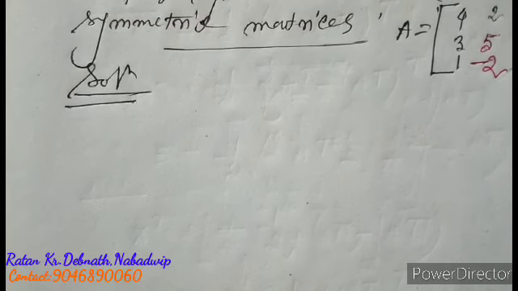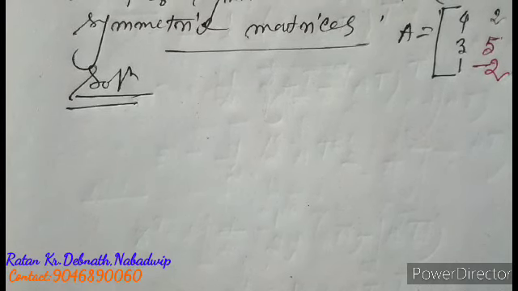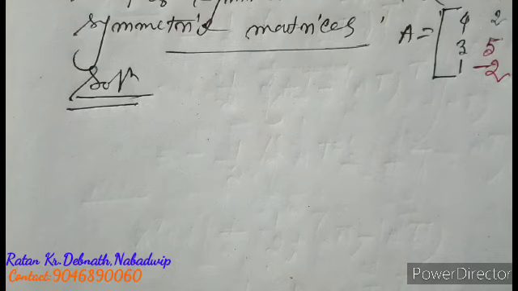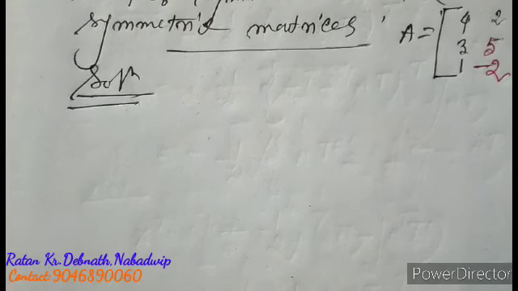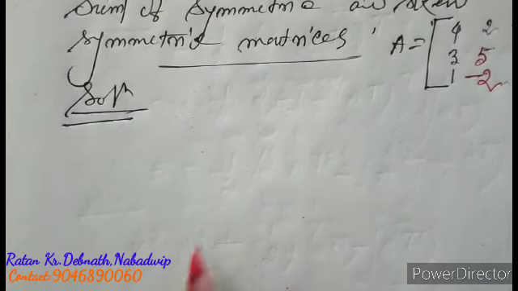What we are going to do here is express the square matrix A as the sum of two matrices, one of them a symmetric matrix and the other a skew symmetric matrix.